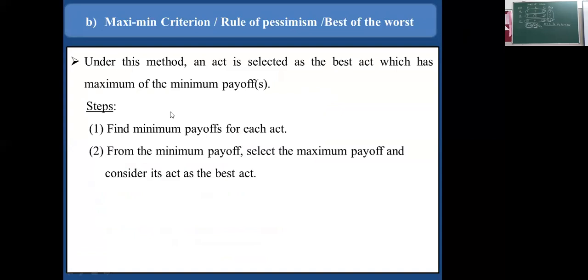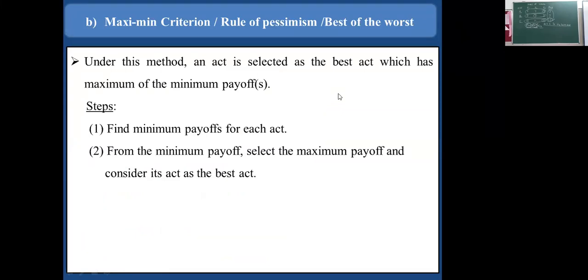That is Maxi-Min criteria, or it is called the rule of pessimism or best out of worst. When the situation is worst in the market, like COVID-19, in this situation, how can we earn maximum profit from the minimum profit?